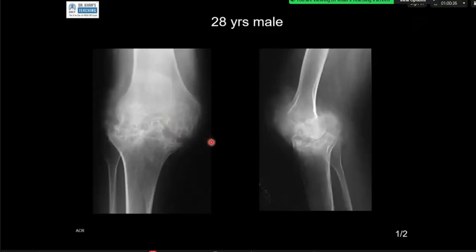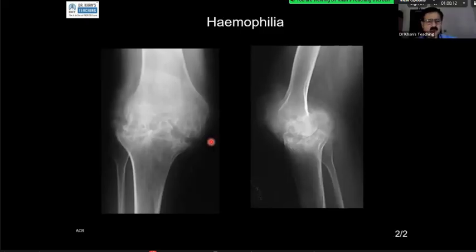Because of the bleeding tendency and secondary hyperemia. So what happens in secondary hyperemia? Because of increased blood supply, the bone tends to overgrow a bit, so it tends to appear a bit large. Well done, well done. Let me take over.